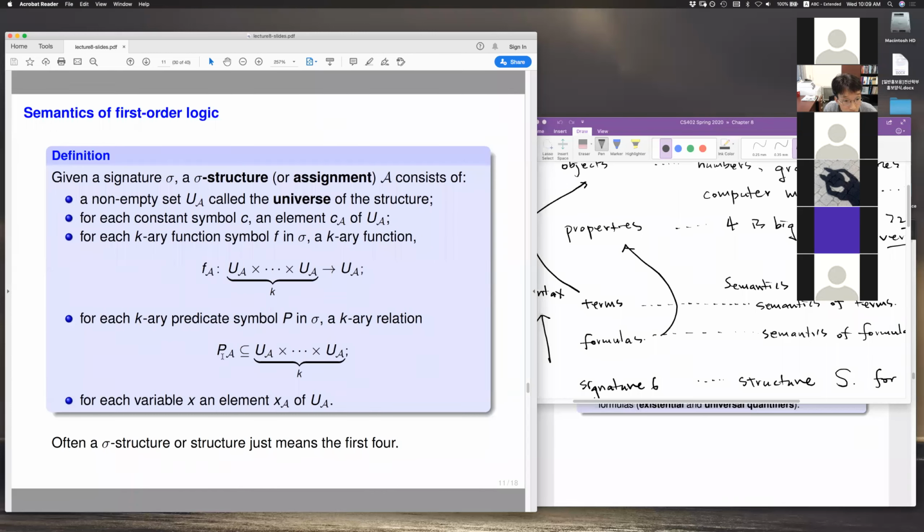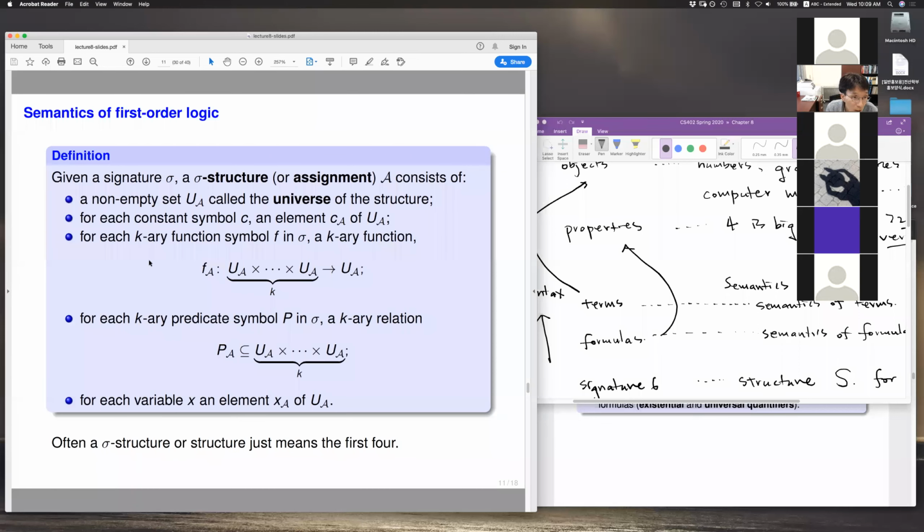So P sub A will be a subset of the k-fold product of U, which means it's a relation that takes k elements. If a k-tuple is inside this set P sub A, it means that the relation holds for this tuple. Otherwise, that relation doesn't hold.